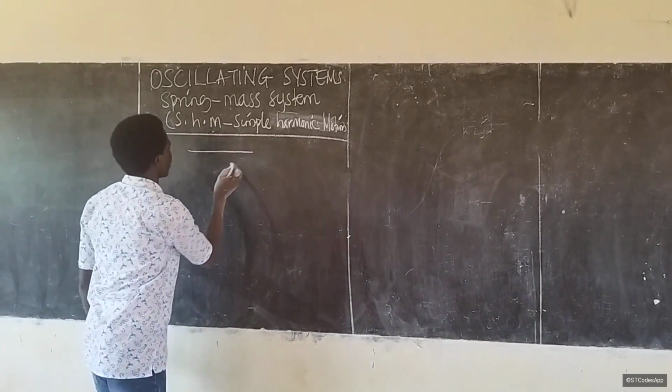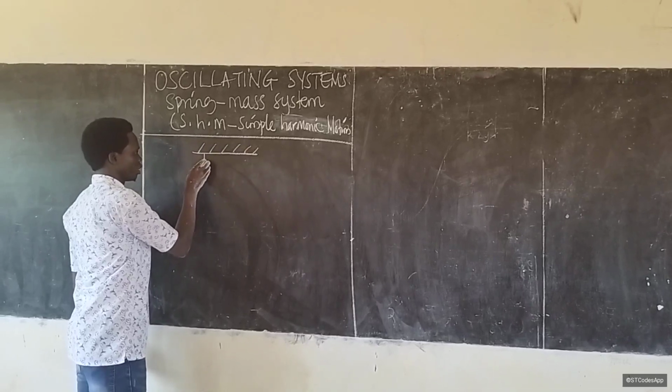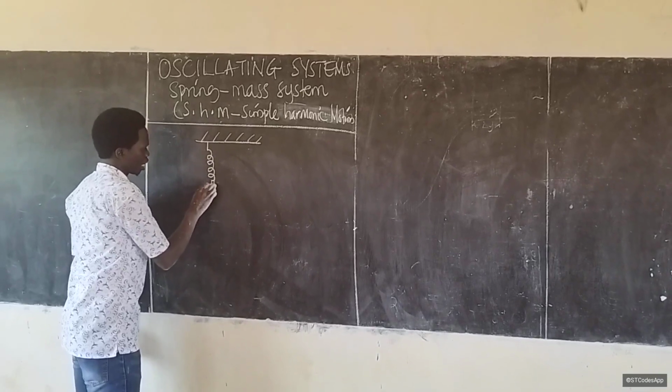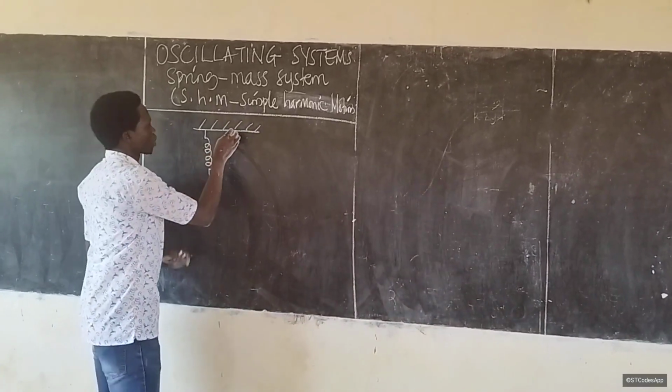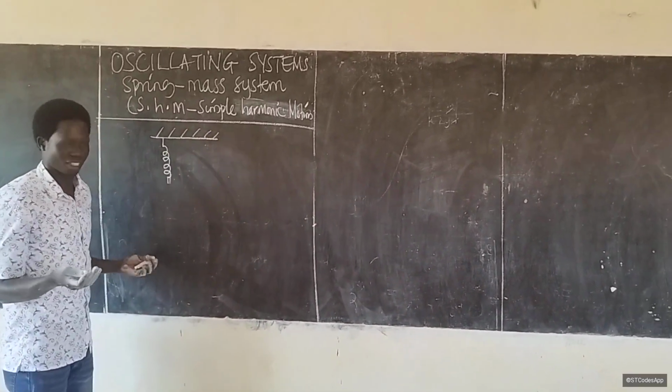If I have a spring and this spring is hanging like that, this is a spring which is just hanging, we have not attached any mass.